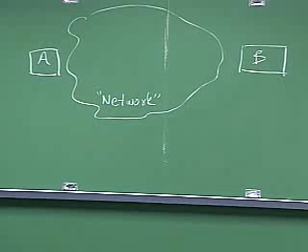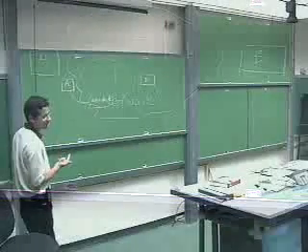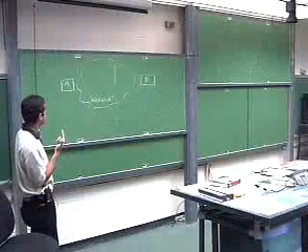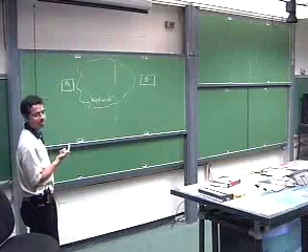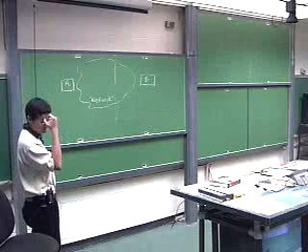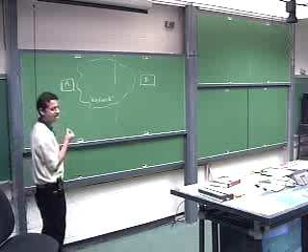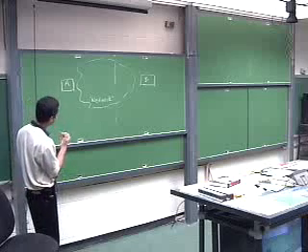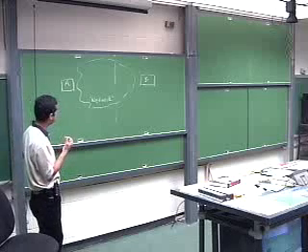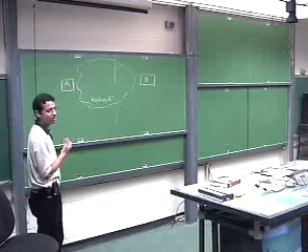So for instance, the application layer has its own well-defined protocols like HTTP, DNS, voice over IP. All of these applications have well-defined protocols. The transport layer has its own protocols, TCP, UDP. The routing has its own protocols.